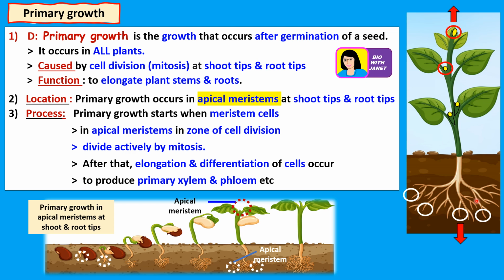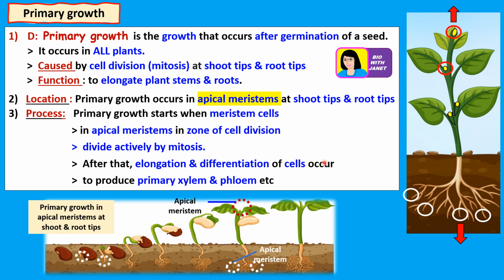The process. Primary growth starts when the meristematic tissues or meristem cells in the apical meristems, in the zone of cell division, divide actively by mitosis, right, at the shoot tips and the root tips. After that, elongation and differentiation of cells occur. So when the cells elongate, it also helps to elongate the stem and the roots, right?